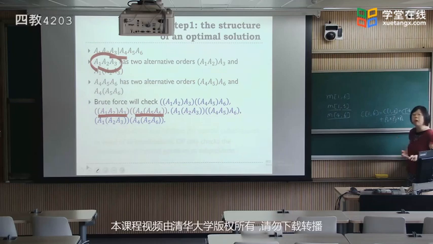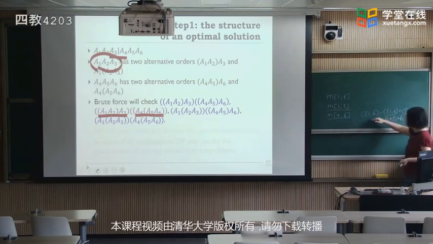You may argue why this must be an optimal value and correspond to an optimal order. If it is not an optimal value, then we can find the actual optimal cost, and that must be smaller than the current one. So we can find a better solution, right? So it's not optimal anymore.